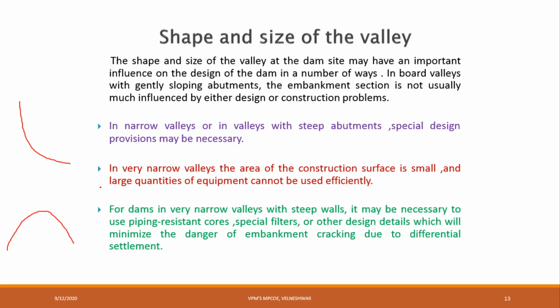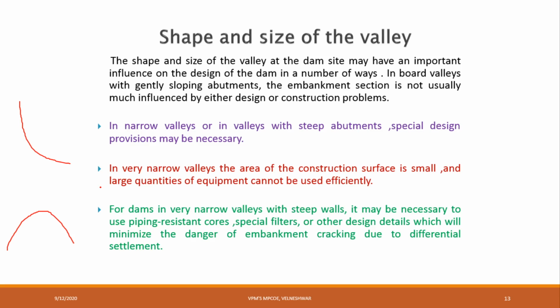In a very narrow valley, the area of construction surface is small and large quantities of equipment cannot be used efficiently. For example, in steep valleys we can construct only small dams, and a large quantity of equipment is not possible to use there. For dams in very narrow valleys with steep walls, it may be necessary to use piping resistant cores. Generally, some special provisions we have to take.